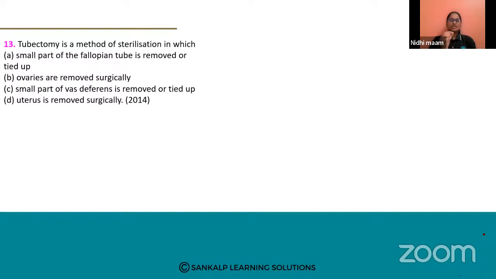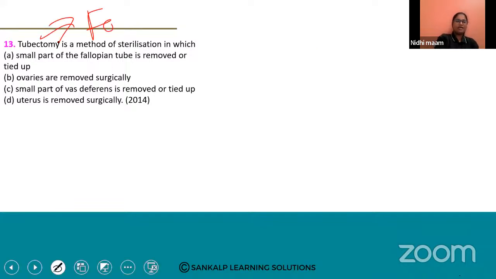See here, tubectomy is a method of sterilization. Just rewind: fallopian tube, tubectomy.